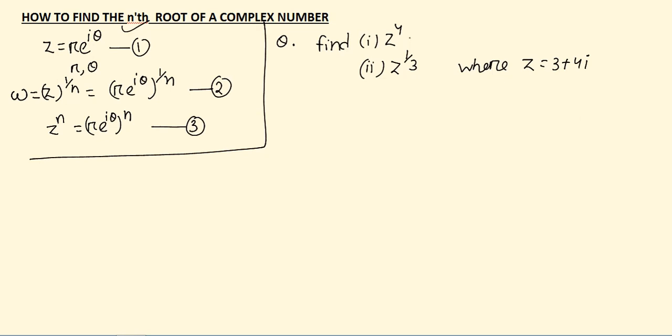Here we have to find the nth power of the complex number, and here we have to find the nth root of the complex number. So this is the difference.